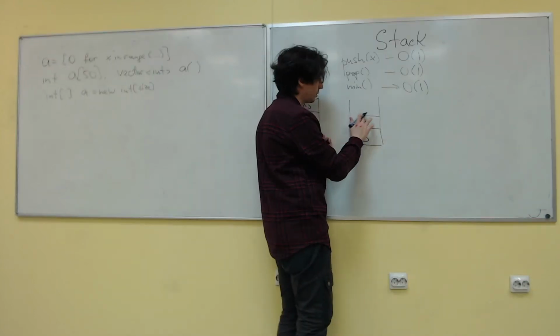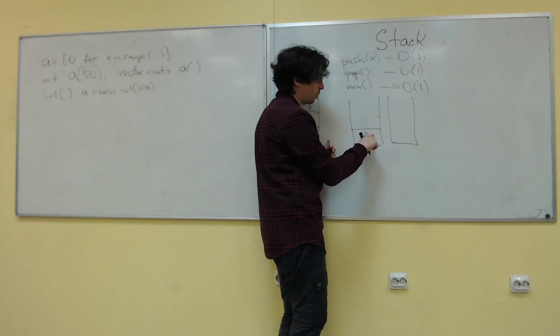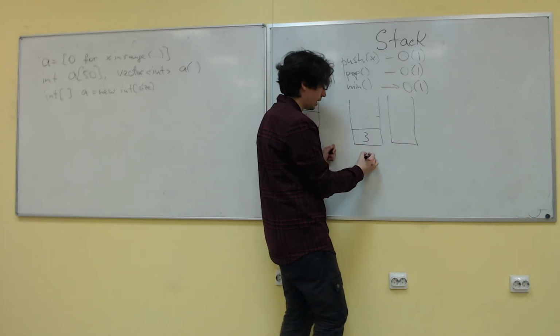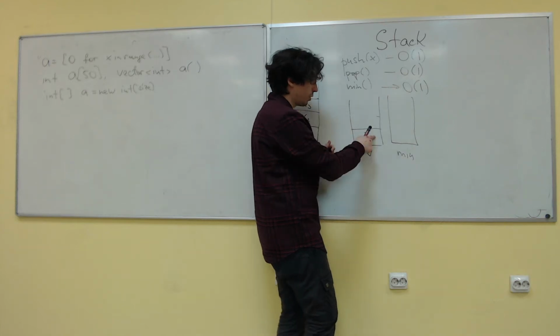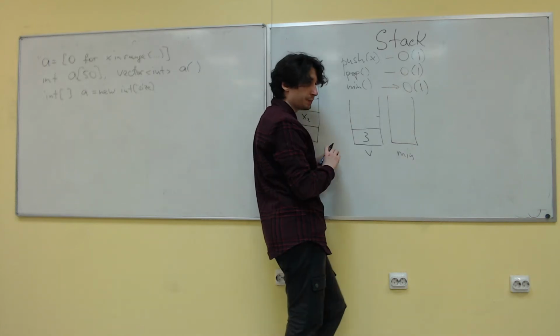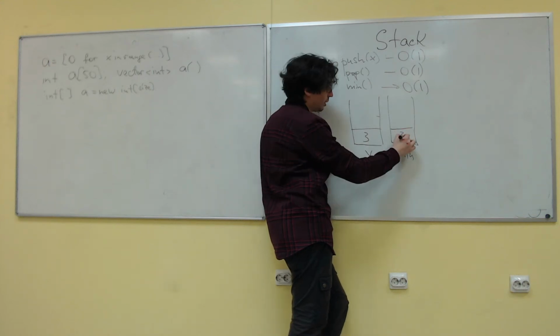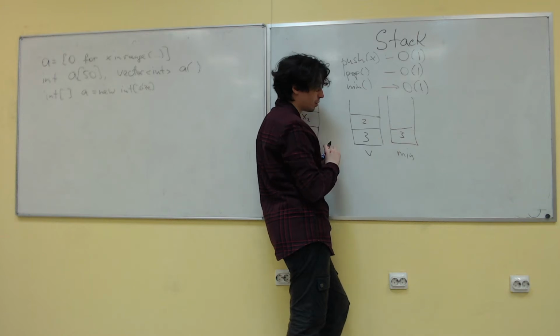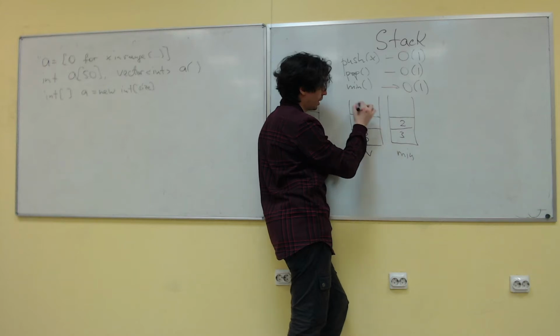So what is it doing? We put 3. So we have 2 stacks, as you said: the stack for values and the stack for minimum. So you put 3. What do you put in the minimum? 3. Okay, great. Then when you put, for example, 2, what do you put on the stack? Also on top of 3. Okay, so you put 2. Okay, then 4 is coming.